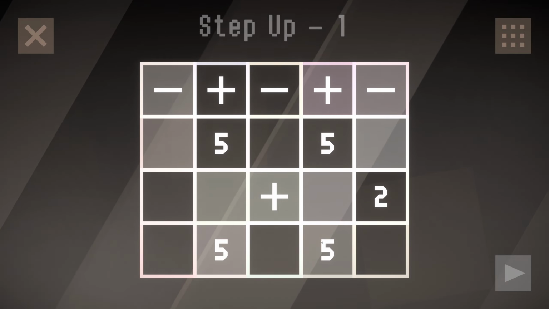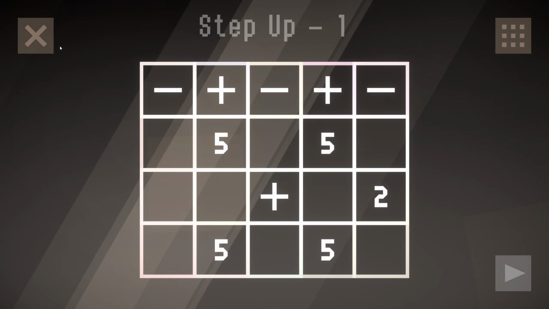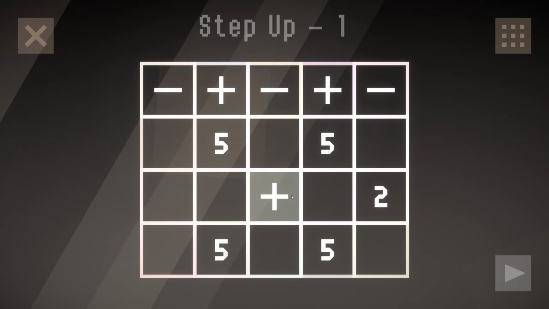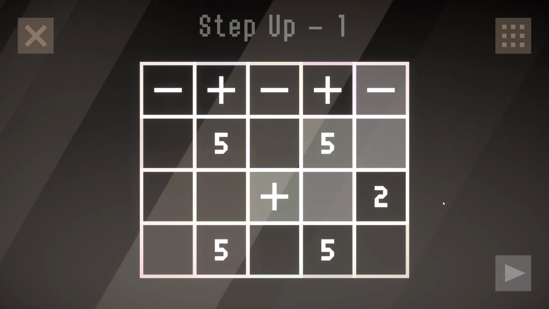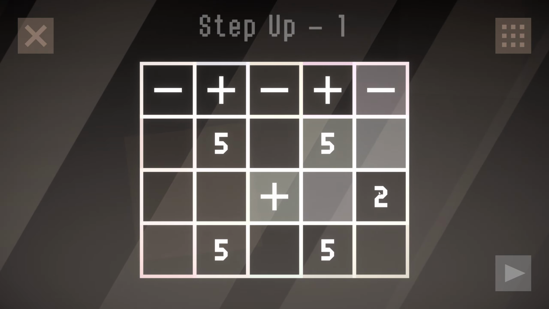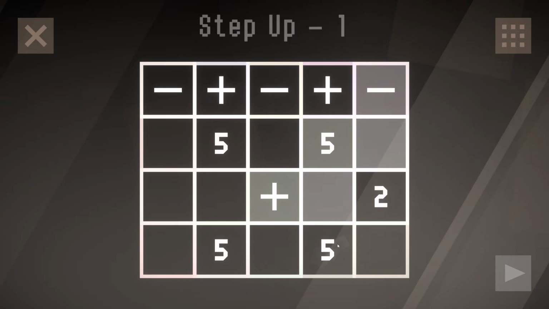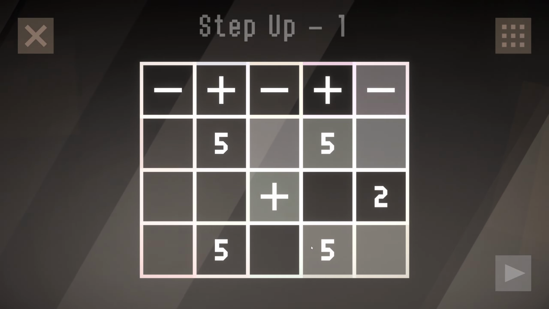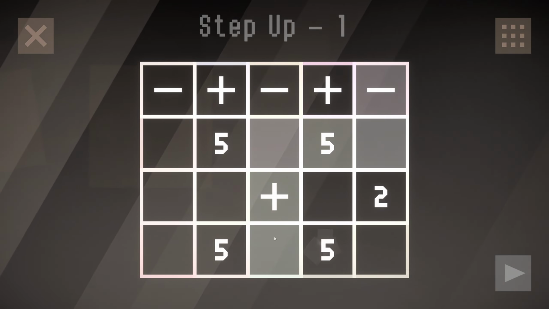This needs a minus in it, and the only minuses are in the top row. So this plus can reach this minus, but this 2 can't be left there because we can't pen in the 2 like this. Nor can we have a 5 and all of this connected in one large space.